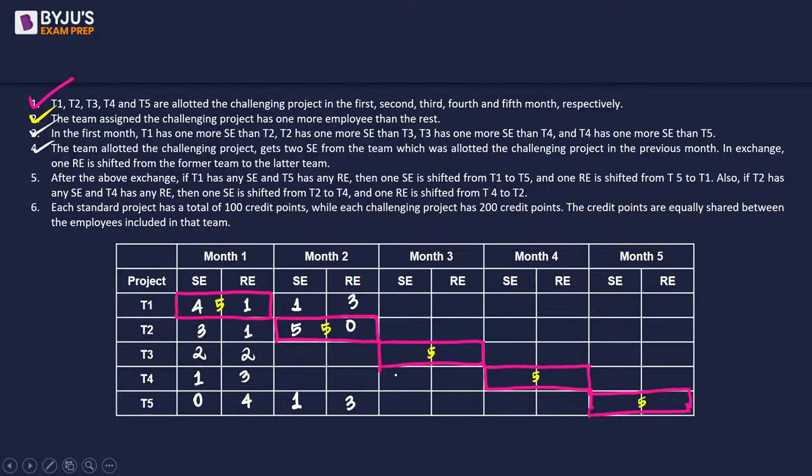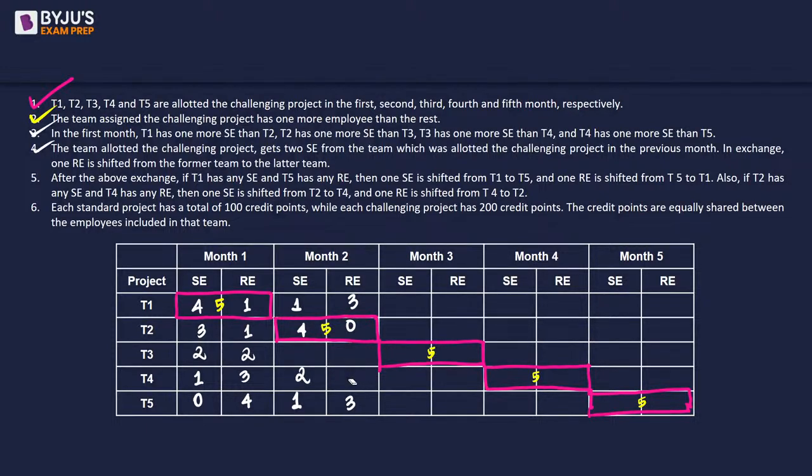Also, if T2 has any SE and T4 has any RE, yes, they do have, then one SE is shifted from T2 to T4. So 5 will now become 4, and this 1 will become 2. And one RE is shifted from T4 to T2.